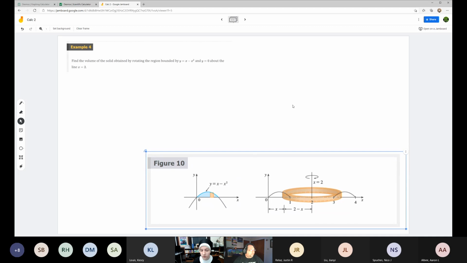All right, so let's look at this one. I've got my two functions. My equation is y equals x minus x squared, and y equals 0.